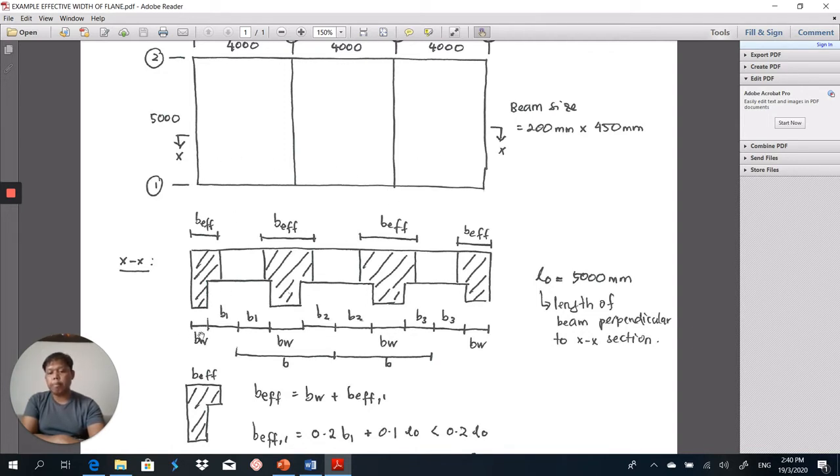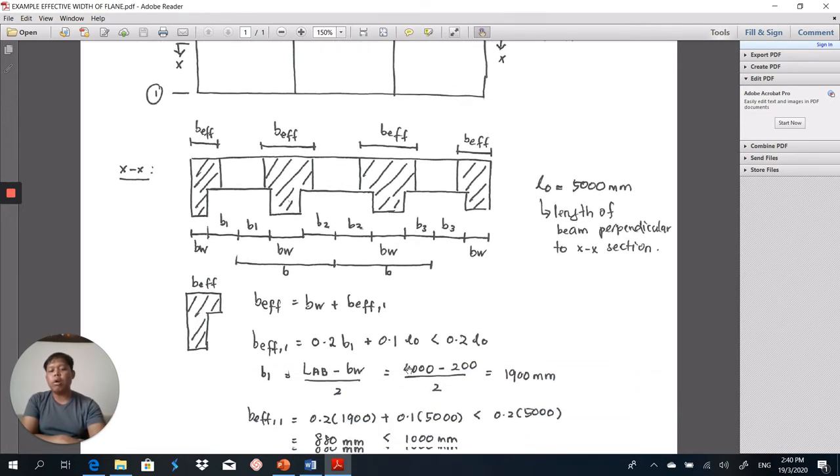Here is your BW, the width of beam. Here is your BEFF, the effective width of flange of the beam that you are going to calculate. Here is B1, here is B2, here is B3. Here is your B, which means your B is the total of B1 plus B2 plus BW.